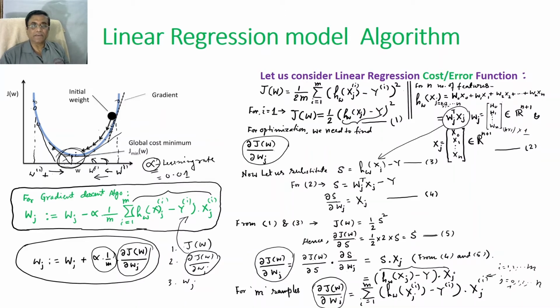So what one can do is design alpha smartly and adaptively. Initially, when the change of W is bigger and it is moving very fast, the algorithm will be healthy if you select alpha comparatively large, 0.1, for example.